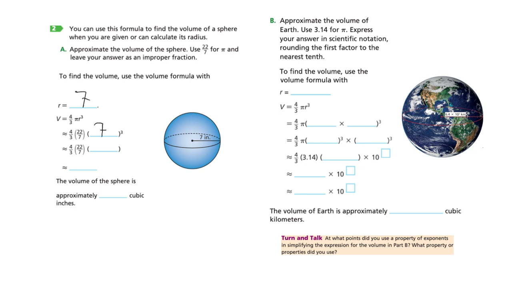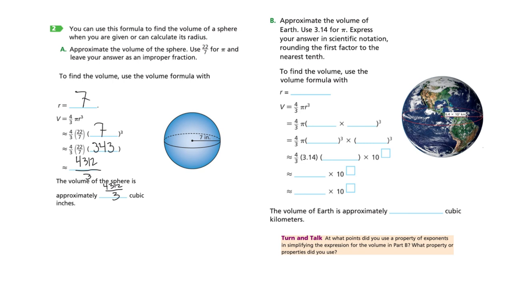And 7 cubed equals 343. So if you multiply that out, 4 times 22 times 343, and then over 21, you can reduce it. So your answer would be 4,312 over 3. The volume of the sphere is approximately 4,312 over 3 cubic inches.